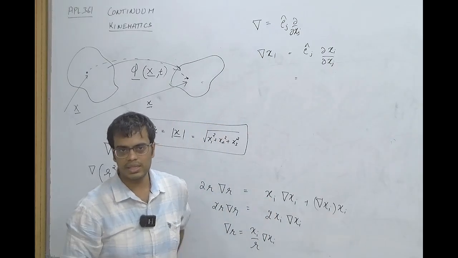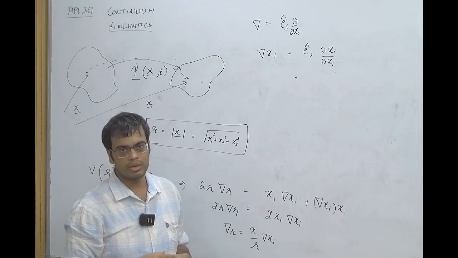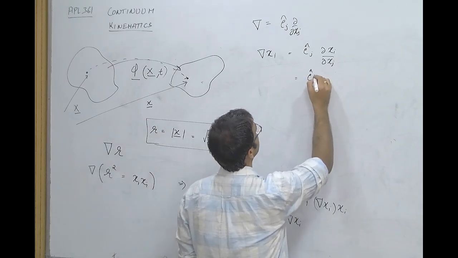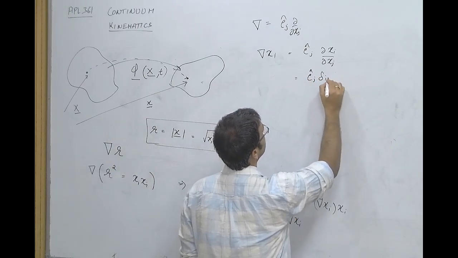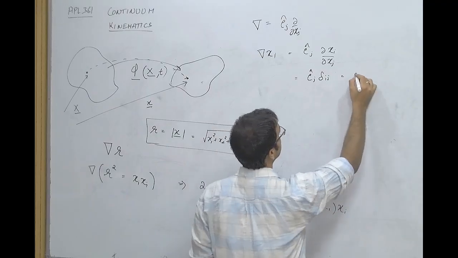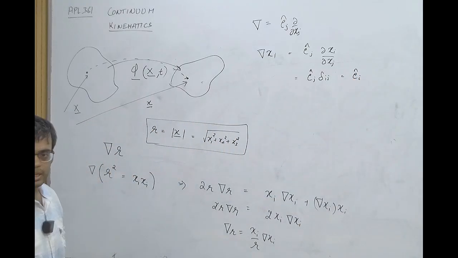If they are independent, then what is del xi by del xj? Delta ij. So this is going to be e hat j delta ij, which is simply e hat i. So grad of xi is simply e hat i.